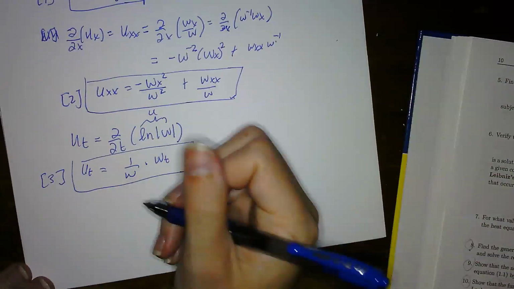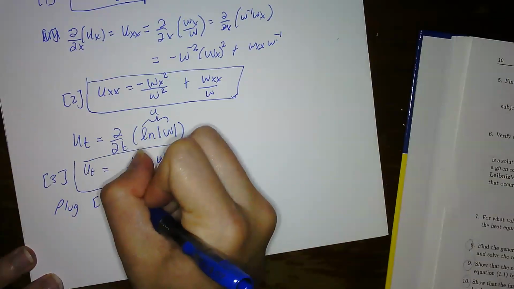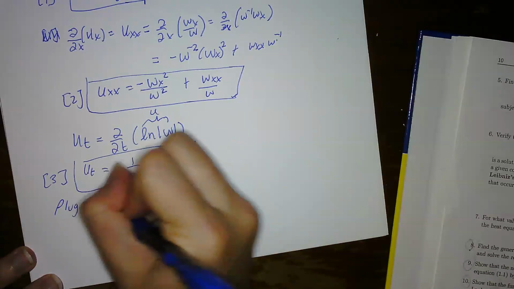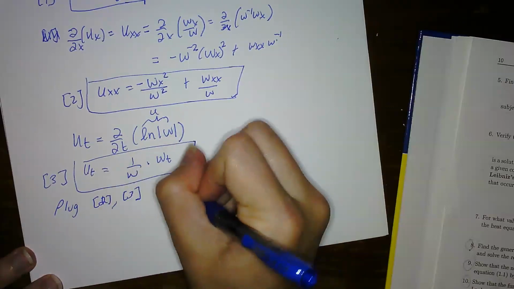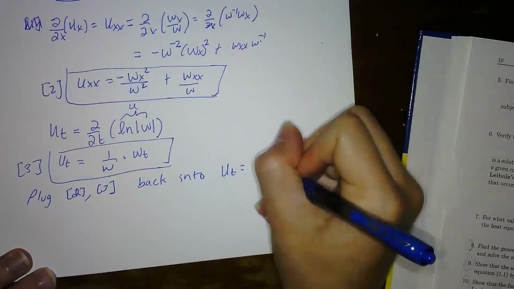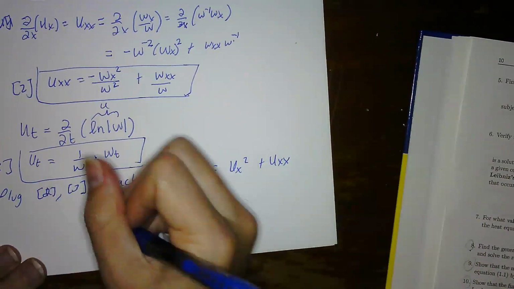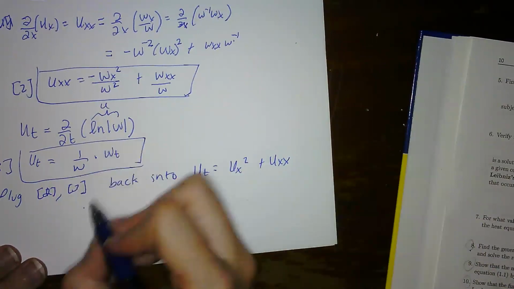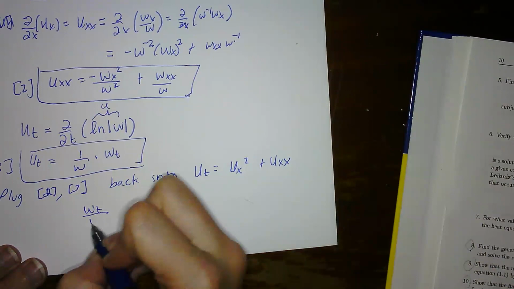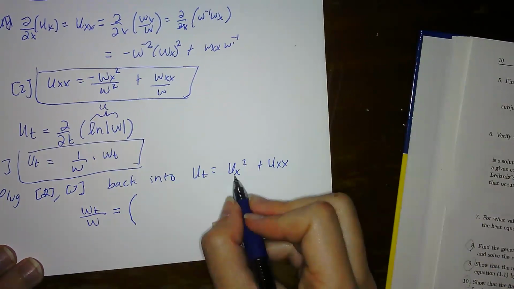Now we can plug them all in, so we plug 2 and 3 back into u sub t equal to u sub x squared plus u sub xx. And we obtain that w sub t over w is then equal to u sub x squared.